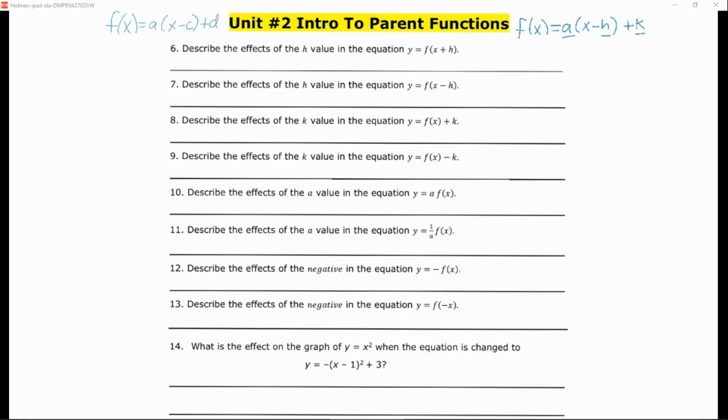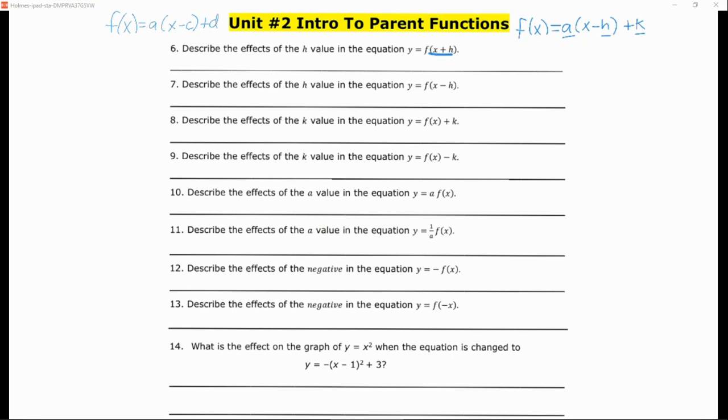So let's talk about number 6. 6 is dealing with inside the parentheses. When it's inside the parentheses, it's always going to move the function left and right. Now, inside the parentheses, it's always going to be the opposite behavior. So if it says plus a number, that's how many units you're going to move it to the left.